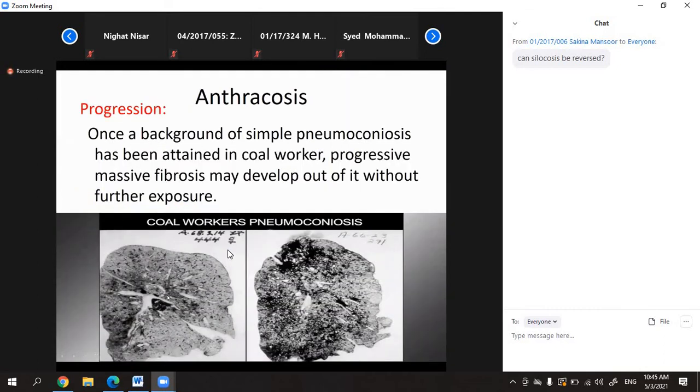You can see the progression among coal miners: once a background of simple pneumoconiosis has been attained in a coal worker, progressive massive fibrosis may develop out of it without further exposures. So once the exposure has occurred and damage is caused to the lung, there will be progressive massive fibrosis, which leads to premature death.